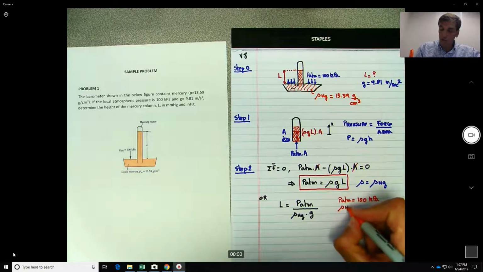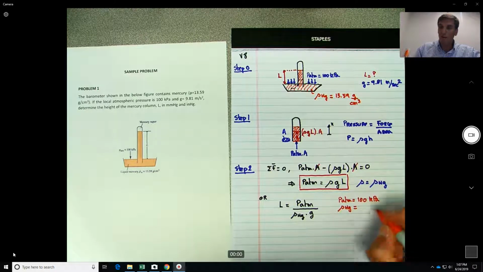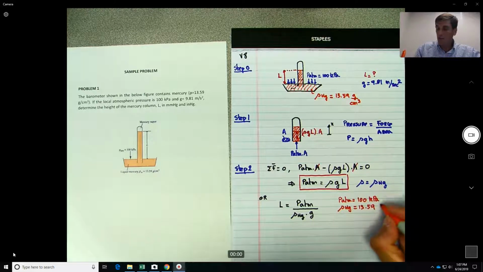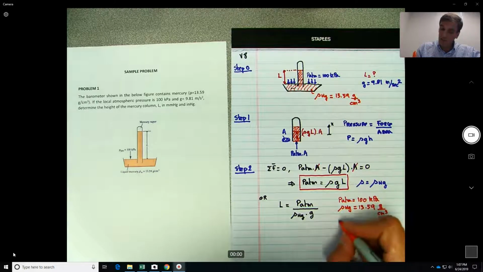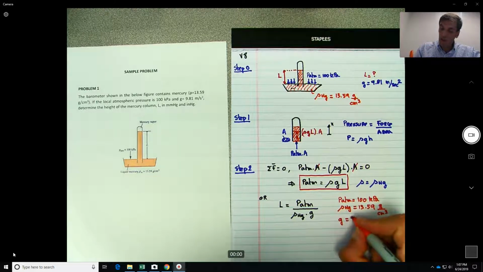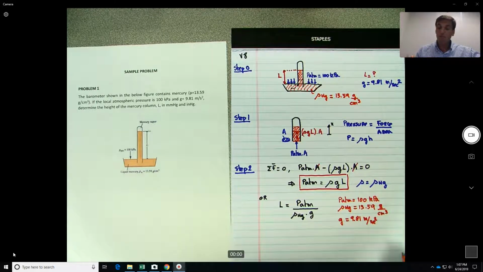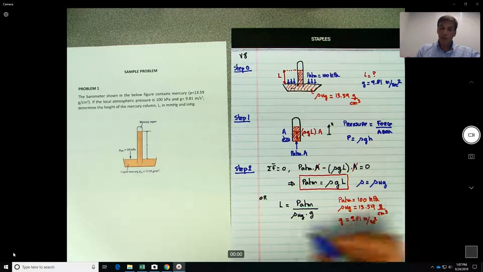We know the density of the mercury is equal to 13.59 grams per cubic centimeters, and that G will be equal to 9.81 meters per second square. So that means we got all the information. So we can go directly to step 4.